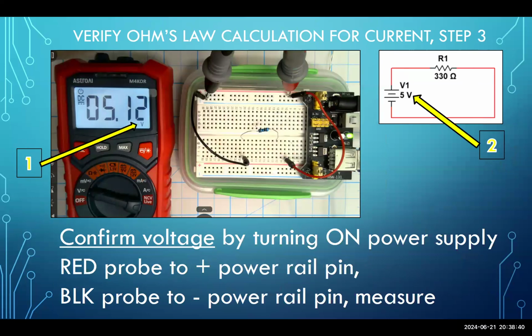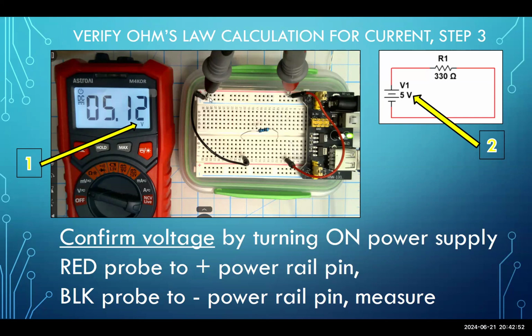Now, next, we're going to confirm the voltage. And by confirming the voltage, we're going to turn the thing on. Okay, so the voltage in the schematic is specified as 5 volts. We will connect the red probe to the jumper wire connected to the red rail, right to the metal pin. So pull this up so a little piece of the metal is exposed enough for the probe to touch it.